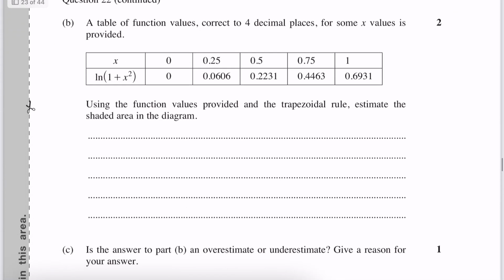So now we just need to apply the trapezoidal rule. So area is equal to 2 times, because we need to double each half.